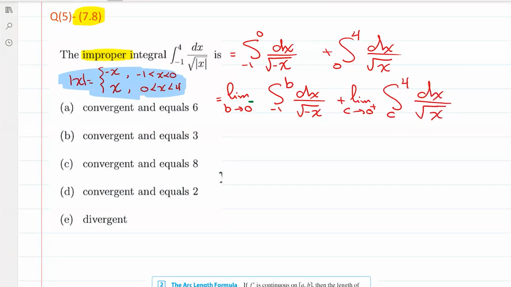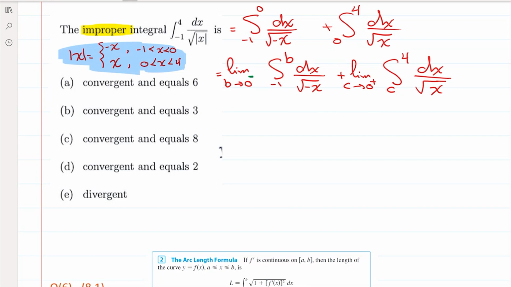Now, yalla, try to continue now. All of you, I need you to continue solving and give me the solution. Is it A, B, C, D, or E? Doctor, we use substitution. Yes, you can use substitution. If I use substitution here, guys, the first one, you will suppose that let u equal minus x, right?